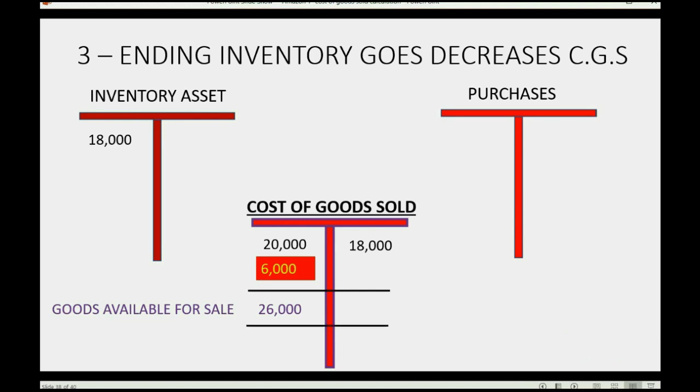And we know that on the right side, it has what's left over that we subtract out as the ending inventory. So when we take the total debit side of cost of goods sold minus the total credit side of cost of goods sold, we get the actual balance of cost of goods sold, and in this example, that's $8,000.